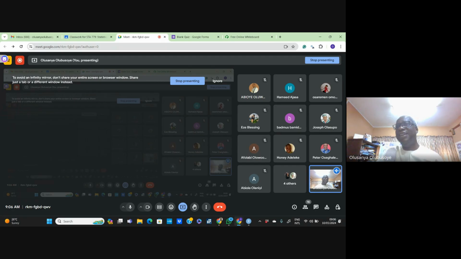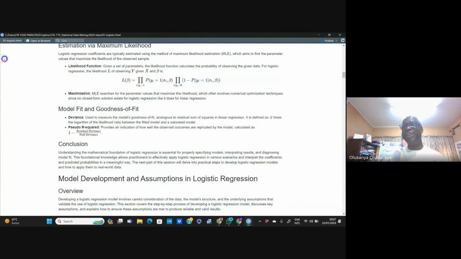So you can easily use a formula to obtain the estimate. But when it does not have a closed form solution, you will now resort to numerical iterations to be able to find the optimal numerical solution.